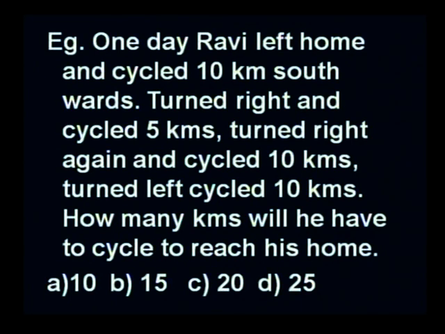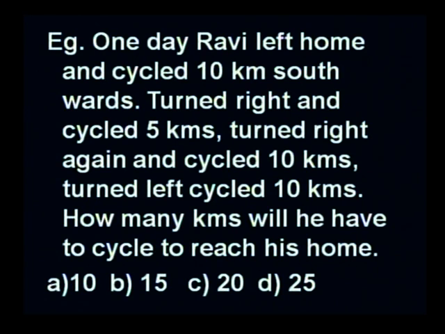So, the problem is Ravi left home and cycled 10 kilometers south from his initial position, turned left and cycled 5 kilometers, turned right again, cycled 10 kilometers, turned left, cycled 10 kilometers.